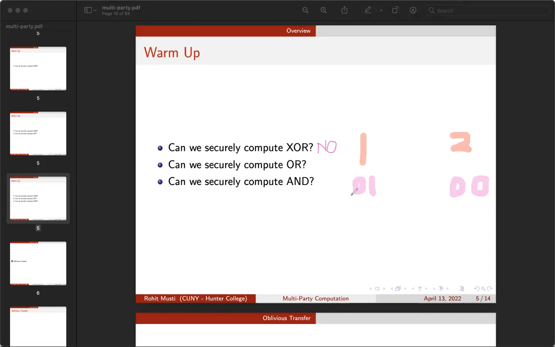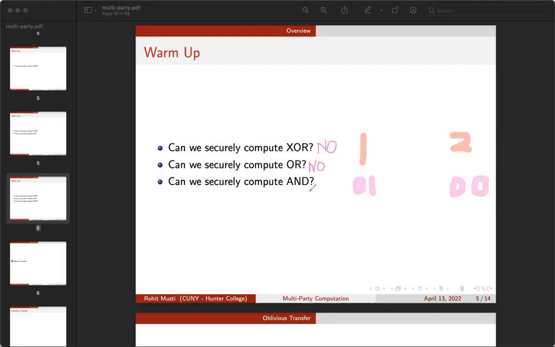With a 0, 0, that exclusive OR output is 0, and you both know that the other one has 0. With 1, 0, person 1 doesn't learn anything about person 2, but person 2 learned that person 1 has 0 in this bit position. So we can't do OR.